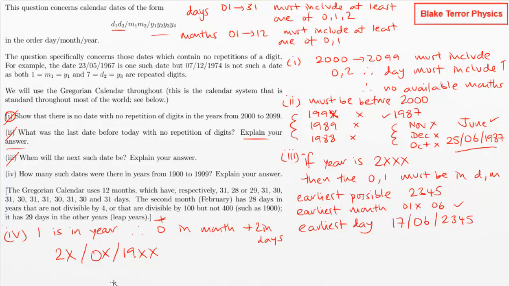Okay, and then x can be any of the other numbers, I suppose. So where x is any one of, well, what have we got left? 3, 4, 5, 6, 7, 8. Right, so we've got 4 options picking from 3.